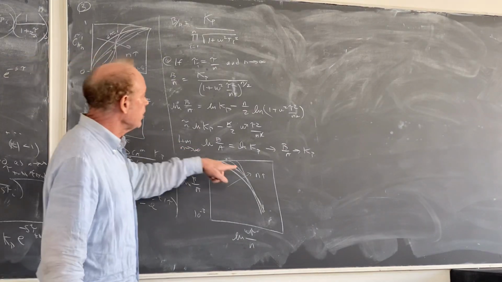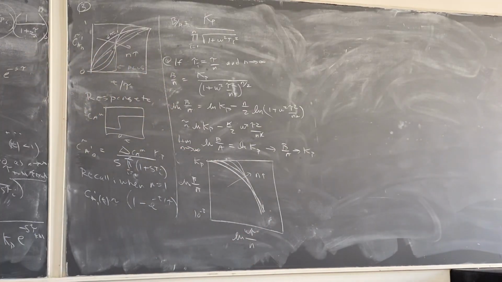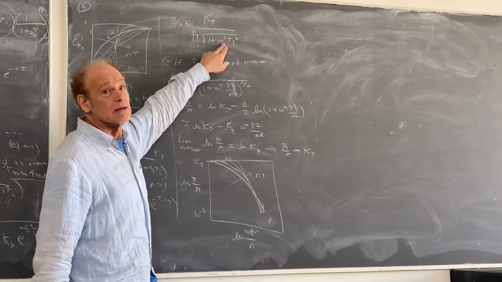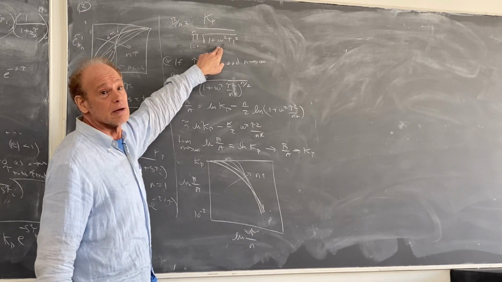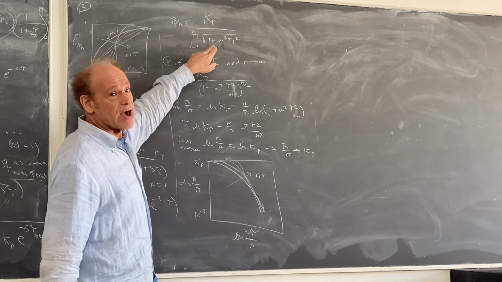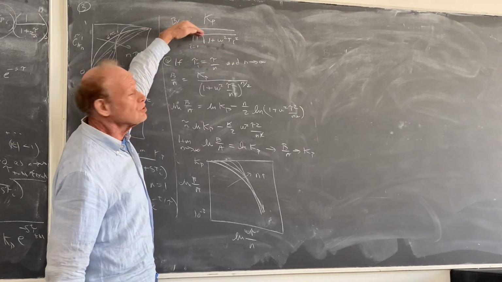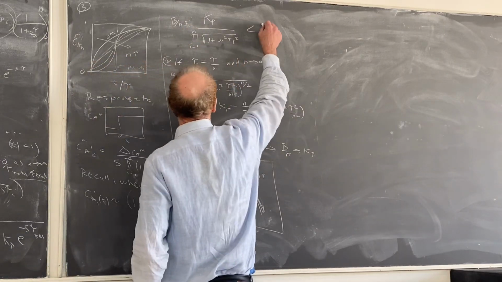And moreover, we know that for first order processes in series, this B over A, where's B over A? Here it is. We see that each one of these factors for any omega is always greater than 1. So when I have a lot of factors, each one of them greater than 1, that tells me this whole thing is always less than Kp.